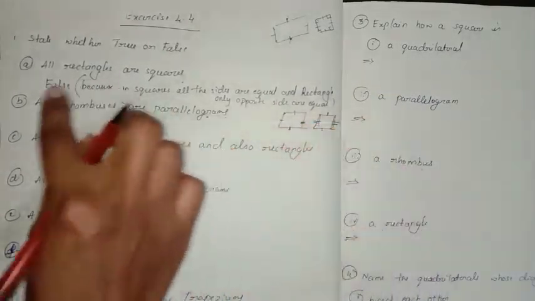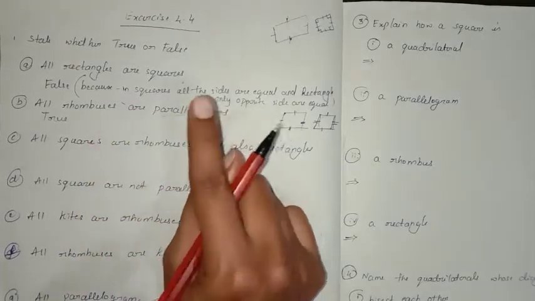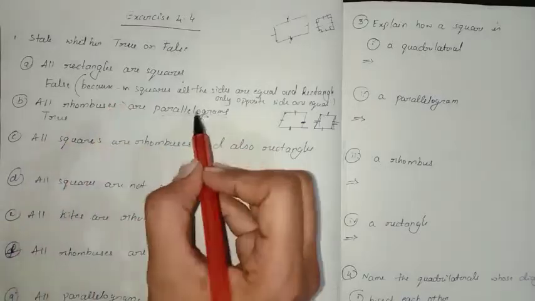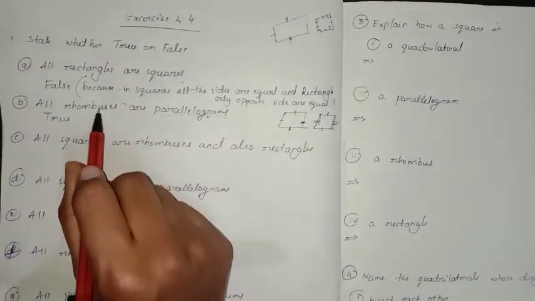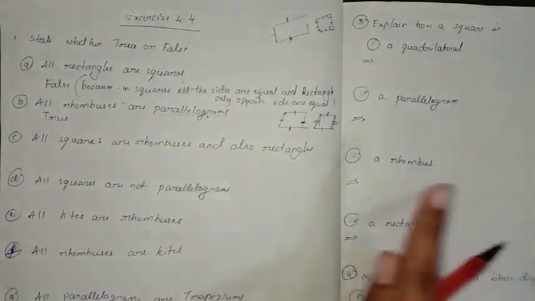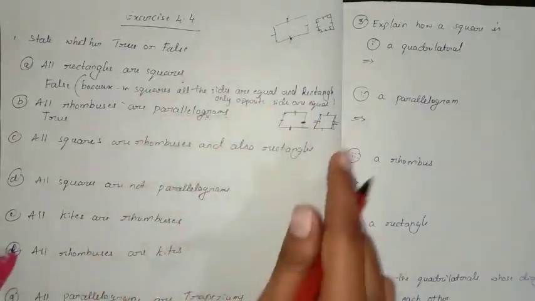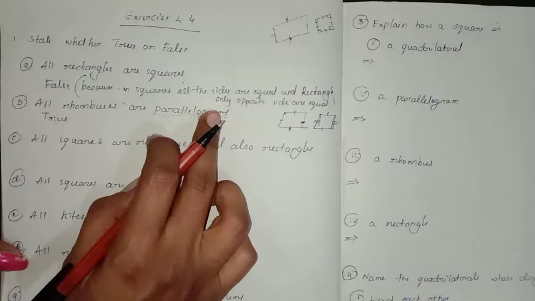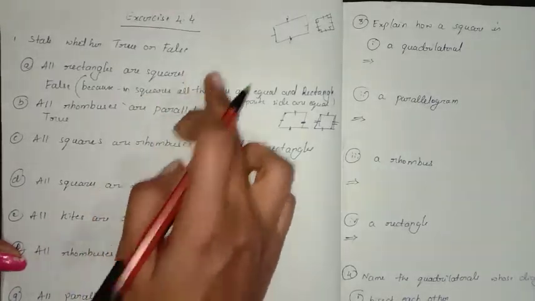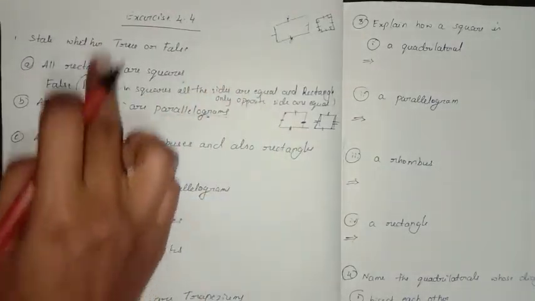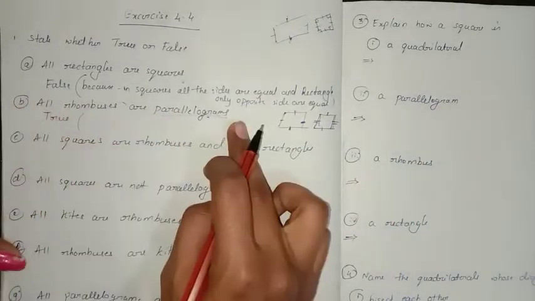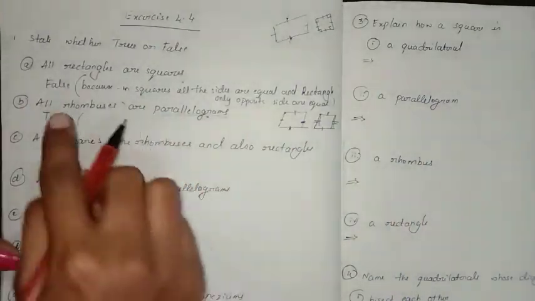We have to say whether the rhombus satisfies the parallelogram property or not. Are all rhombuses parallelograms? Yes, it is true, because in a rhombus all the sides are equal, so the opposite sides are equal to each other. Then, if they had asked the opposite, whether all parallelograms are rhombuses, no, it is not possible. All parallelograms are not rhombuses, but all rhombuses are parallelograms, because in a parallelogram opposite sides are equal and in a rhombus also the opposite sides are equal. So the statement is true.